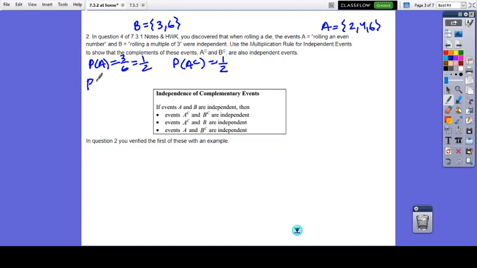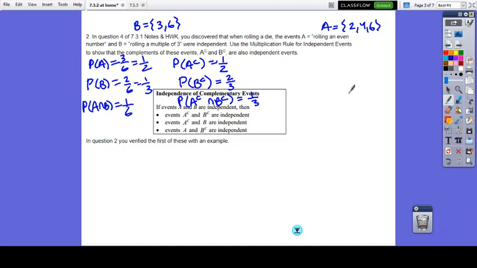Okay, the probability of B was 2 out of 6, which simplified to 1/3, which means that the probability of the complement of B is 2/3. And we found that the probability of A intersect B was 1/6, which means that the probability of A complement intersect B complement is 1/3, is the idea here.